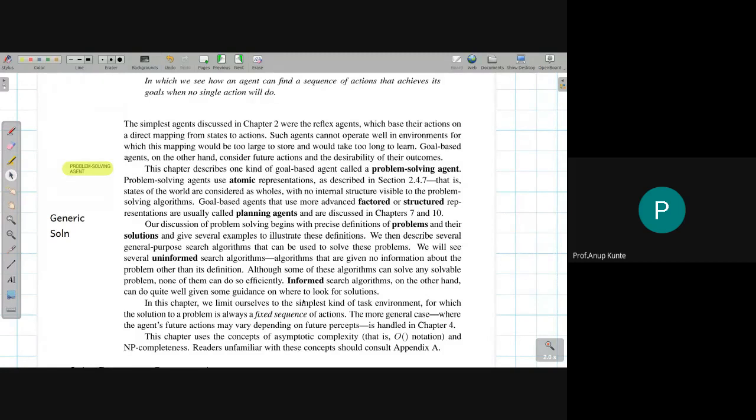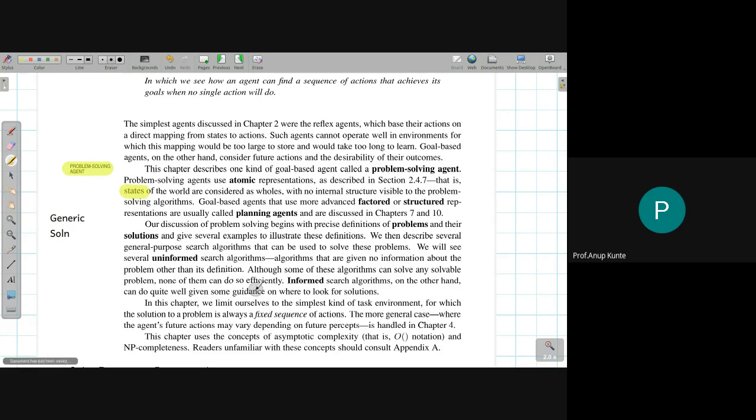So what we are going to do here is, for any problem's environment, we are going to model the environment in terms of a representation in a program that will be referred to as a state. So please understand that we are going to use the state representation of any particular environment.